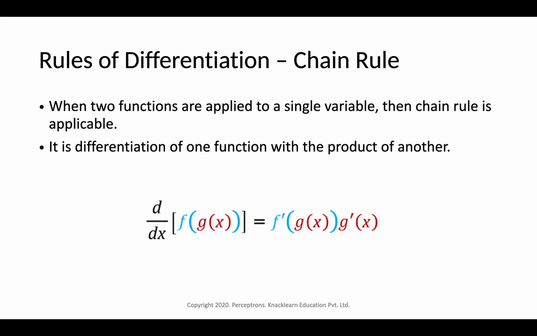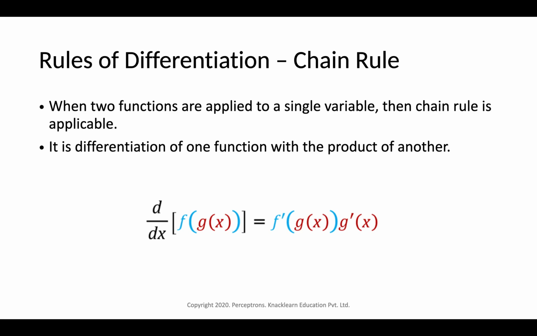Next one here is the chain rule. When two functions are applied to a single variable, then the chain rule is applicable. It is the differentiation of one function with the product of another function. Suppose we have one function g of x, and on top of that one more function, that is f of g of x.